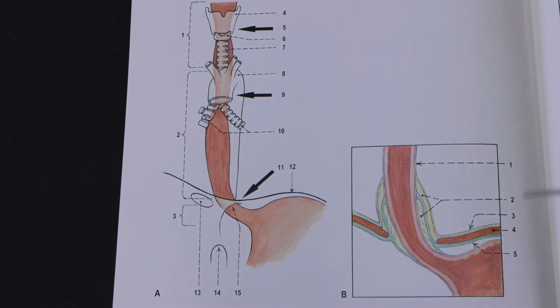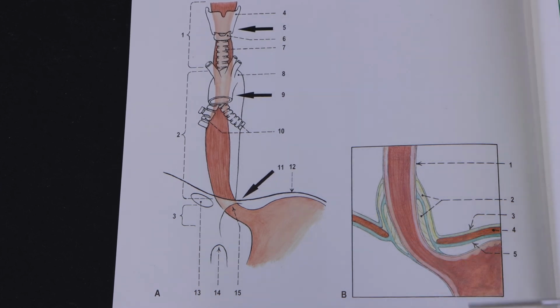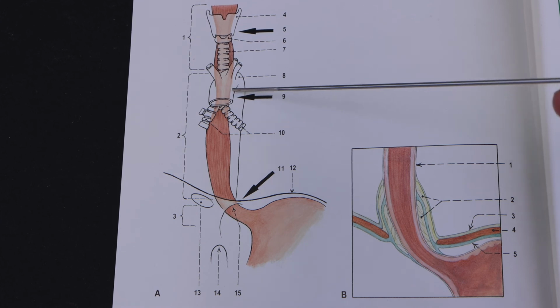So the doctor must pay attention especially to these narrowing places. From the upper central incisors to the cricoid, the first narrowing place at C6, is approximately 14 to 15 centimeters, then to the arch of the aorta narrowing.